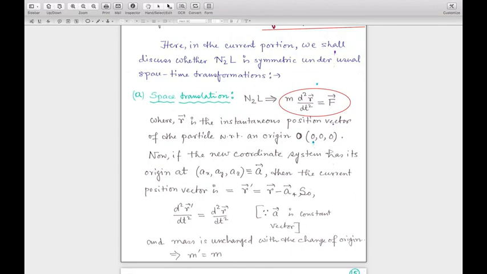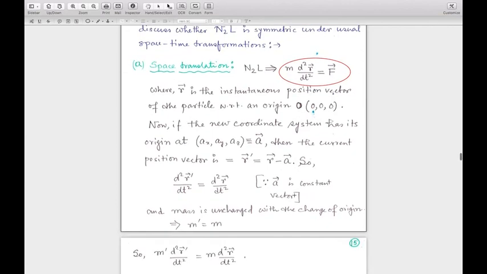You can see the analogy of this to the so-called center of mass frame, which we discussed in the last lecture. That was also a shift of origin. Under that condition, a is a constant vector, so the components are x prime = x minus ax, y prime = y minus ay, and z prime = z minus az.